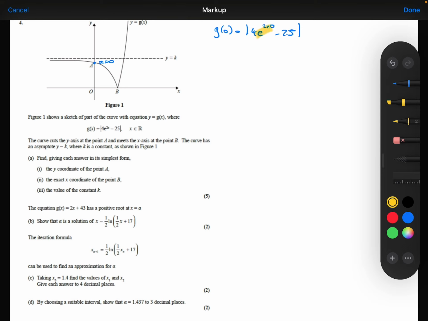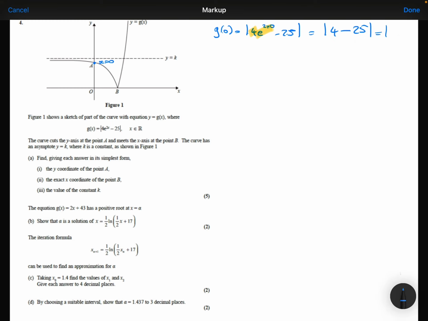E to the power 0 is 1, multiplied by the 4 is 4. The 4 minus 25 is minus 21. And when we take the modulus of minus 21, we get 21. So the y-coordinate of point A is 21.